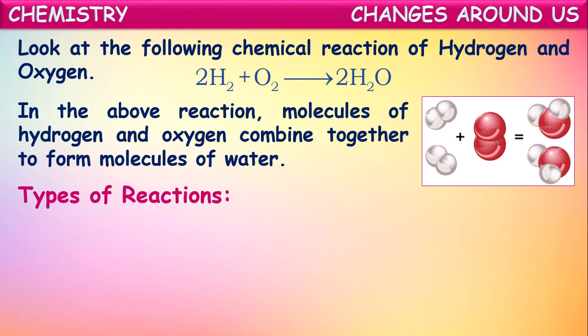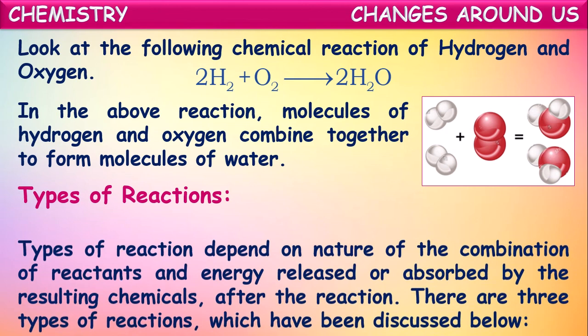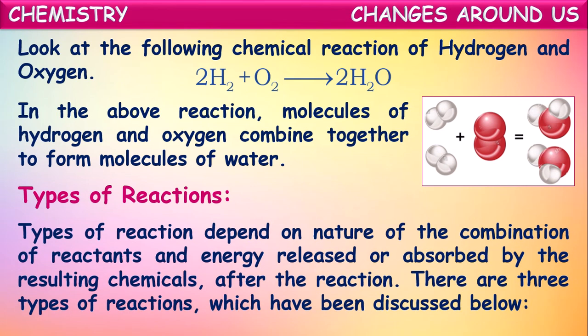Now let us see different types of chemical reactions. All the chemical reactions won't occur in a similar way. So based upon the type of process occurring there, these chemical reactions can be classified into different types. Types of chemical reactions depend on the nature of the combination of reactants and energy released or absorbed by the resulting chemicals after the reaction.